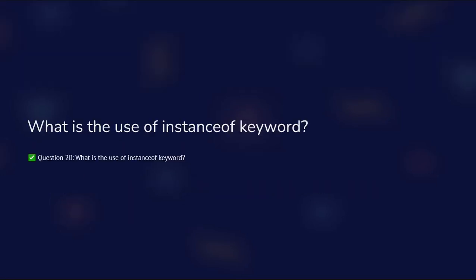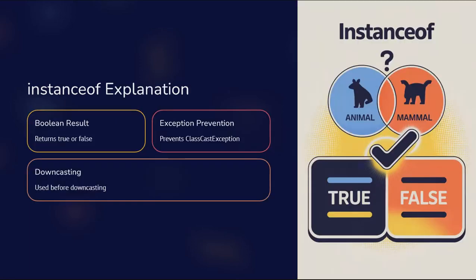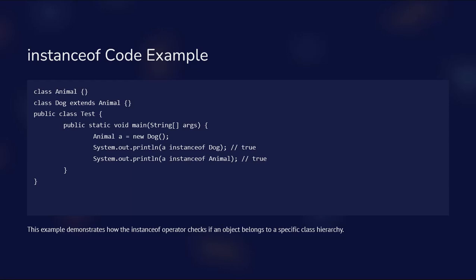Now the next question is, what is the use of the instanceof keyword? The short answer is, it checks if an object is an instance of a specific class or subclass. So the Boolean result returns true or false. It prevents ClassCastException, and is used for downcasting. So you can see that here class Animal has no variables and methods, class Dog extends Animal, with no variables and methods right now.